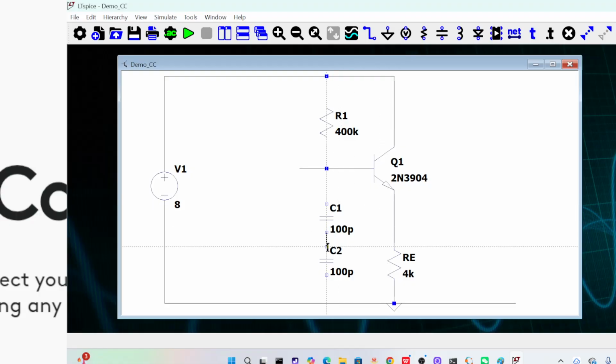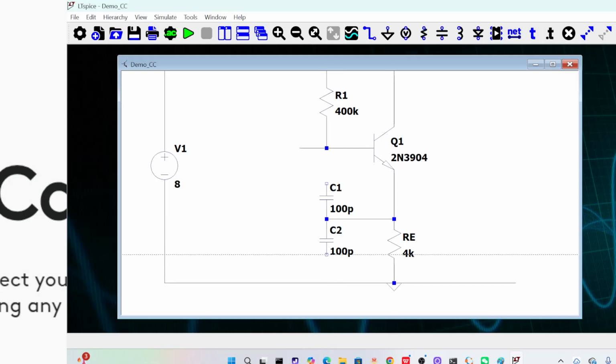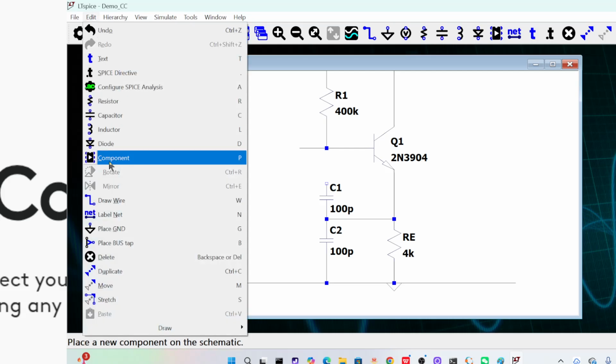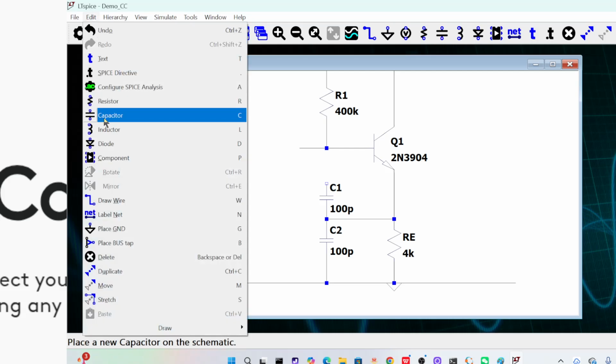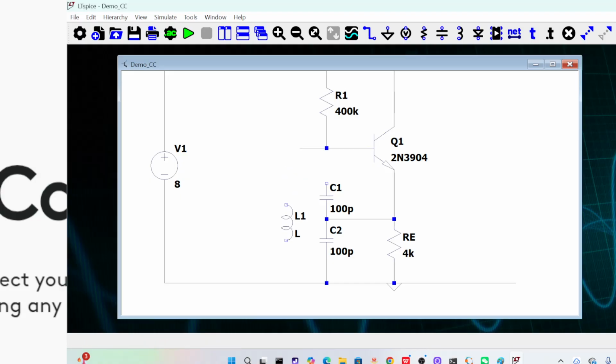So the input will be fed to the middle of this series capacitor. And then we build an inductor here. So this is a very basic Colpitts oscillator.